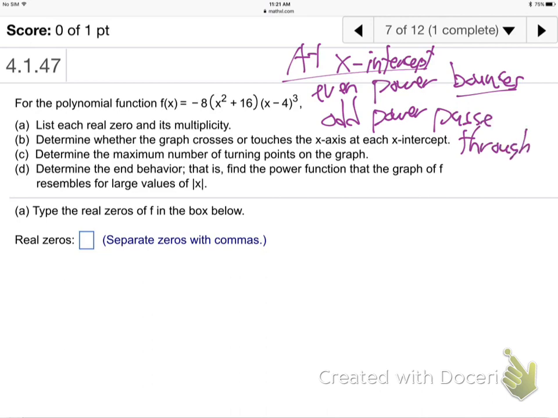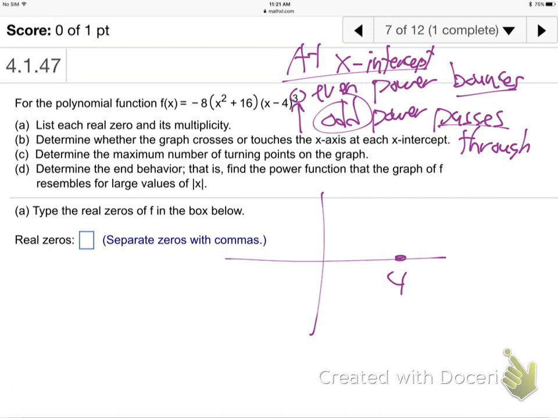At 4, now I don't mean the number 4, I mean the power. There's the power. It's a third power, which is, of course, odd. So the power on the term from which we get the 4, the third power, is odd, so it passes through. That means it's not going to bounce at 4, it's going to pass through.